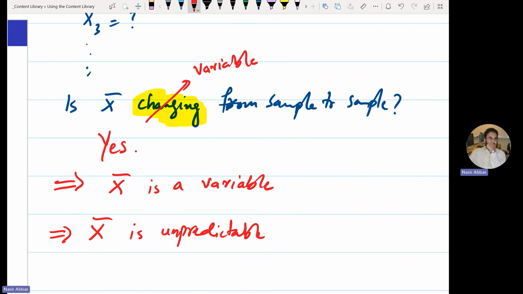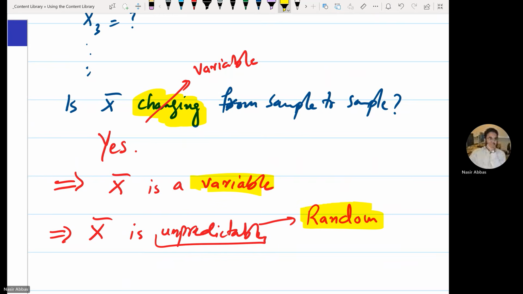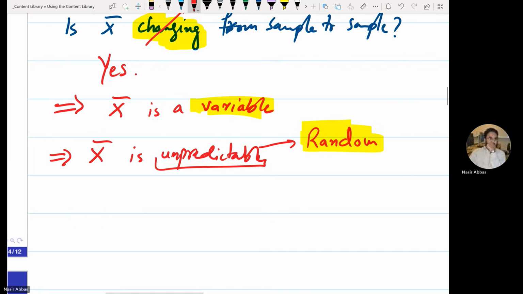It is unpredictable, correct? Something which is unpredictable, what do we call it? Random. Merge the two terms together. X bar itself is a random variable.